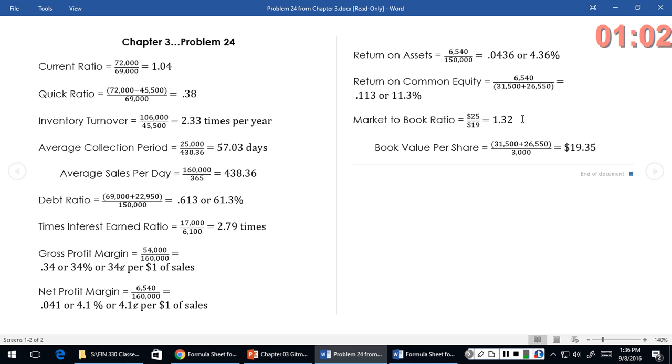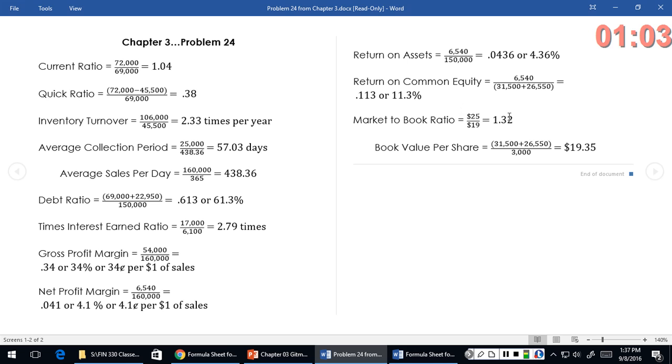And what this tells us is the higher the market value compared to the book value, the more excited investors are about the future of this stock, the more they're willing to pay for one share of stock. So as this number gets larger, you're paying a higher premium for the stock, but it might be justified because there's a lot of excitement built around this.